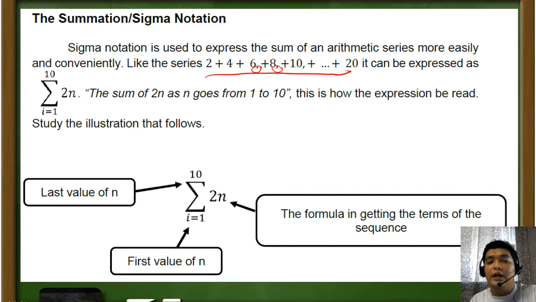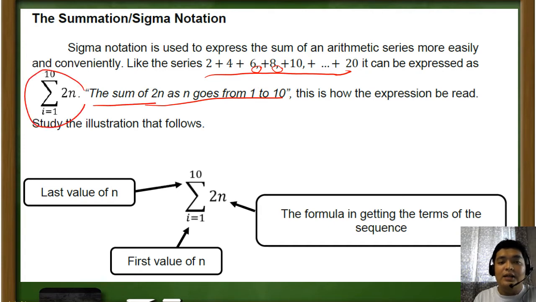It can be expressed as the summation of 2n as n goes from 1 to 10. You will read this as the sum of 2n as n goes from 1 to 10. This is how the expression is read.